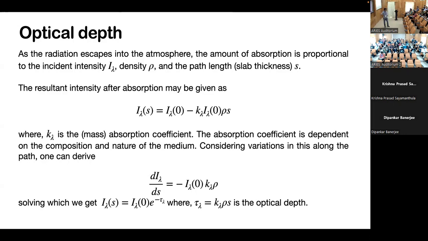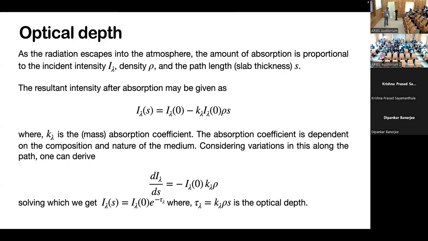What we are putting here is just, in simple terms, what happens intuitively with the absorption coefficient, density, and path length. If the path length is more, it will absorb more. Then it is simple to arrive at dI lambda by ds equals I lambda naught into K lambda rho. This is quite a simple derivation.